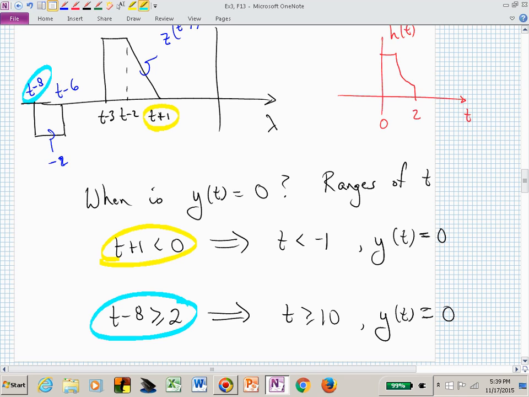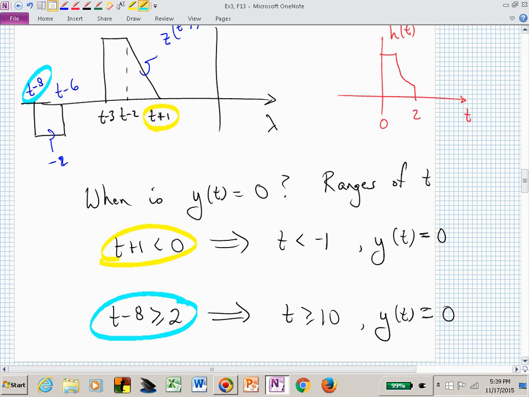So now the question was, why is it not t plus 1 less than or equal to 0? I typically like to have my expressions for t maybe closed on the right, so I just have the strict inequality when I'm coming from the left, and then on the right side it's going to be the closed inequality. So it's open on the left and closed on the right in terms of my inequalities. It's a continuous waveform, so it shouldn't really matter, but for consistency, as I'm coming from the left, I make those my open intervals for t.